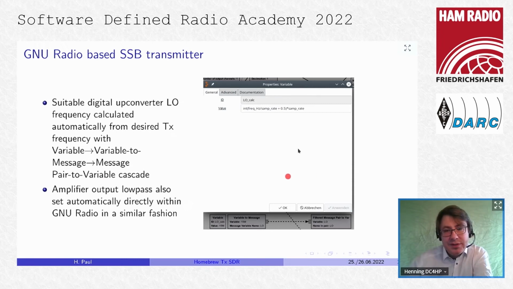I'm pretty sure this is not the most elegant solution ever. I'm happy to hear how you can do this differently, but it did the trick for me. So this is why I did it like that. Feel free to tell me in the discussion afterwards how to do it in a more elegant way. I will happily change my block design then.